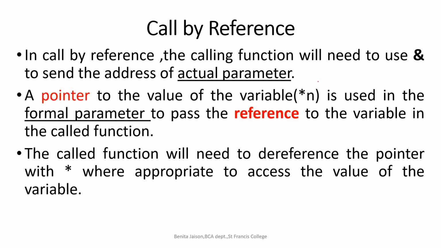In call by reference, the calling function will need to use, what is this symbol called? Ampersand. What is the functionality of this ampersand? It is the address of operator. So when a function is called, we will be passing the ampersand to send the address of the actual arguments.